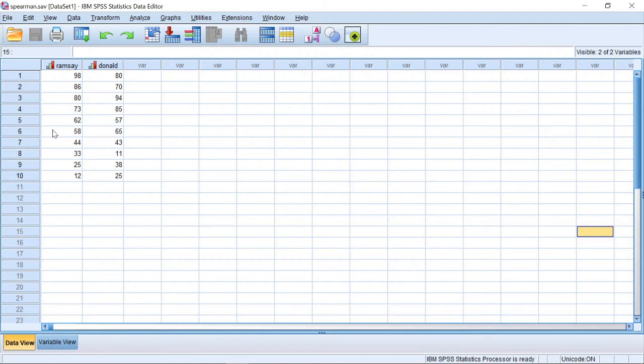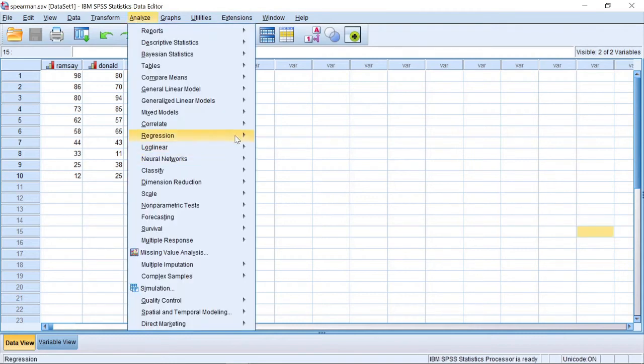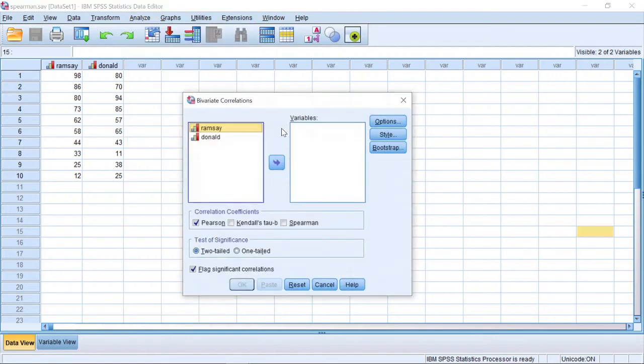For Spearman, the steps are the same as how you do Pearson's. So this is quite easy for you. You go to Analyze, Correlate, Bivariate, and then you bring over these two over here. Since this one is not Pearson's, you can untick this and then select Spearman instead.